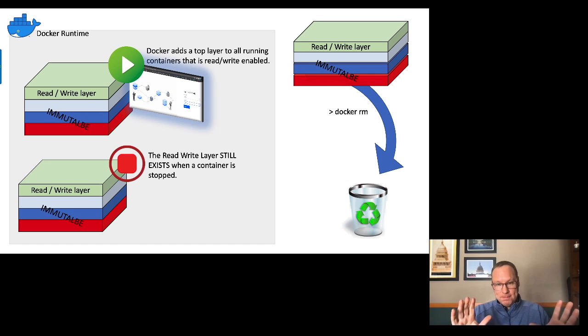So this is kind of the myth when you don't fully understand how it all works. I'm going to help you understand this. How do we take the read-write layer that holds the state for the container as it's running, and how do we externalize that? We do that through a thing called a data volume.